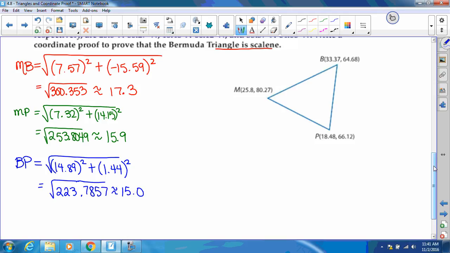So we just showed all three sides are different. So that means the Bermuda Triangle is scalene because all the side measures are different.